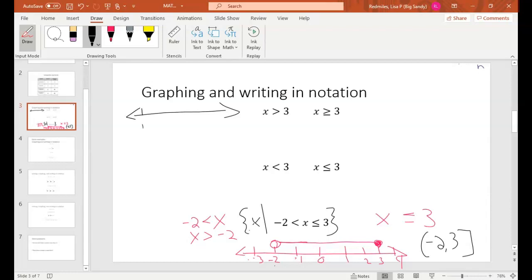If you're saying that x is greater than 3, and I said you put a circle because it's not equal to 3, but sometimes they'll put that parenthesis and then the arrow. Like that parenthesis that you would put for your interval notation, they put that parenthesis sometimes instead of a circle.